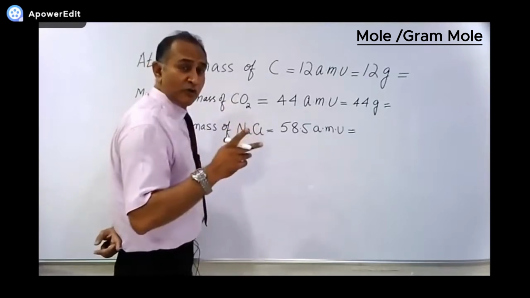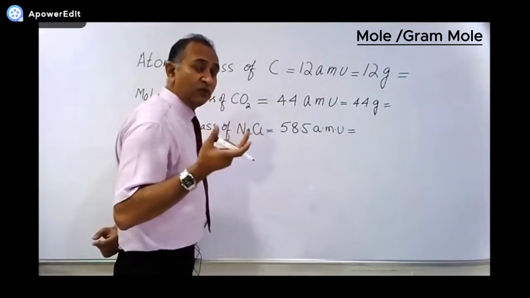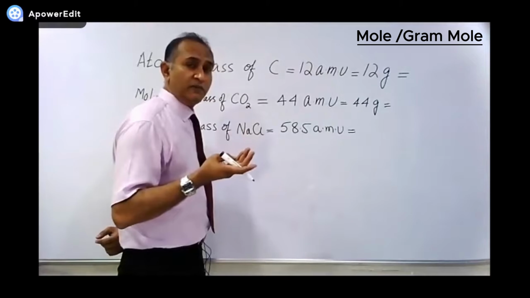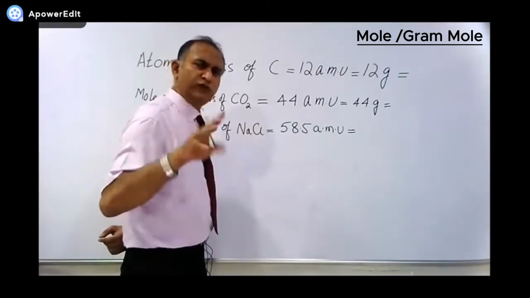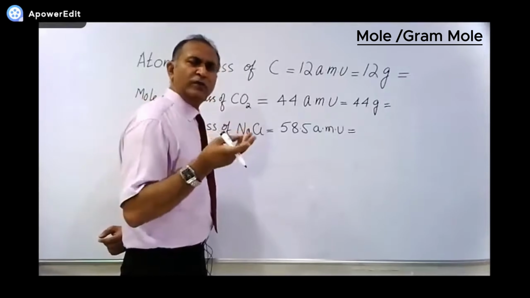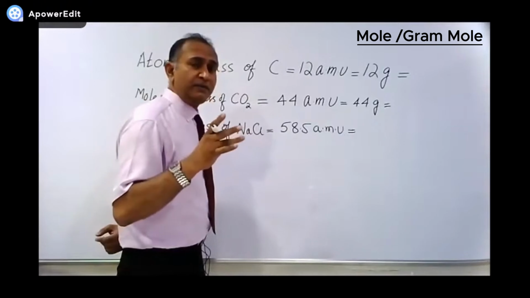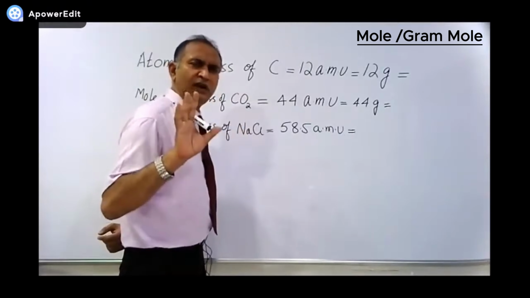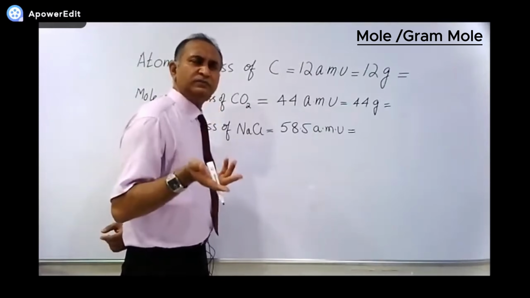Because I told you about the elements of 1A: lithium, sodium, potassium, rubidium, cesium, francium. But you should memorize only the first three: lithium, sodium, potassium. And the members of group 2A: beryllium, magnesium, calcium, strontium, barium, radium. Memorize only the first two or three, like magnesium and calcium.